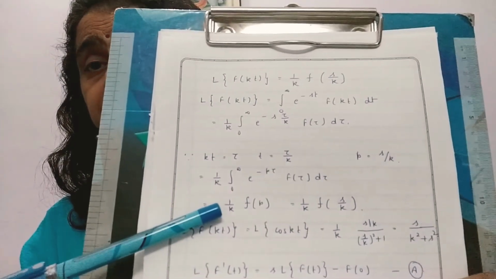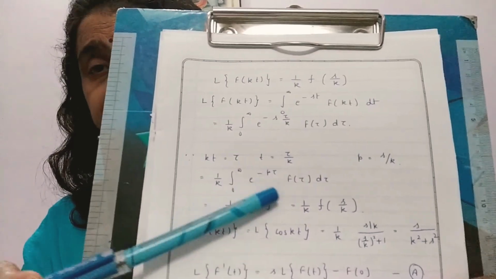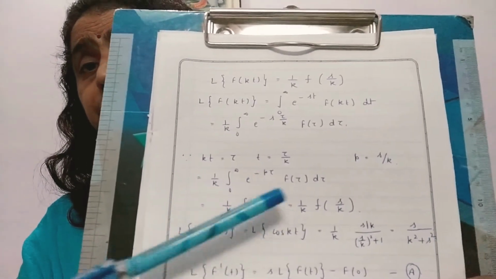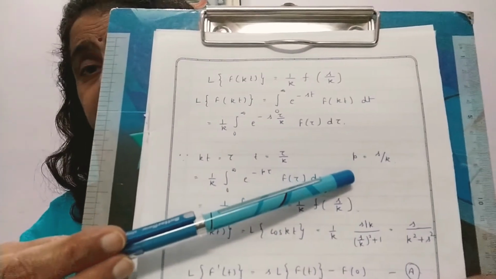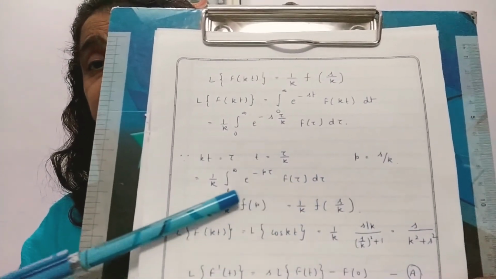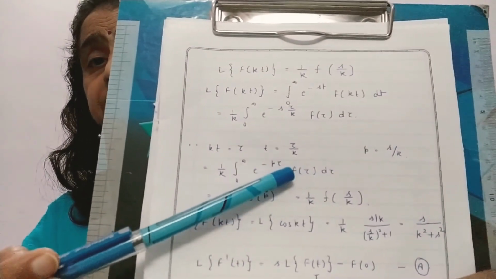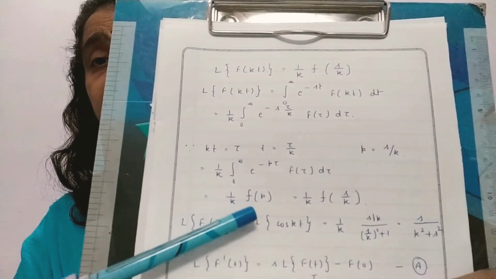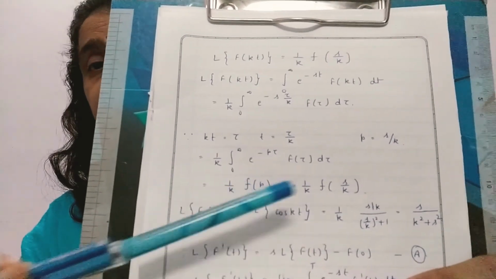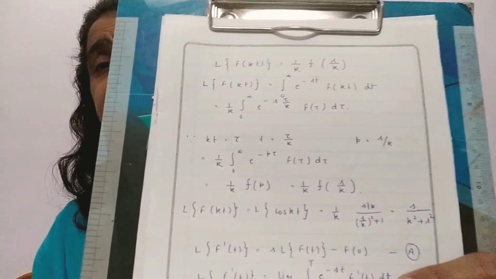So this is 1 upon k into F of p. The new variable will be p, which is given by this quantity, and using the definition of the Laplace transform, we can write this quantity equal to F(p).